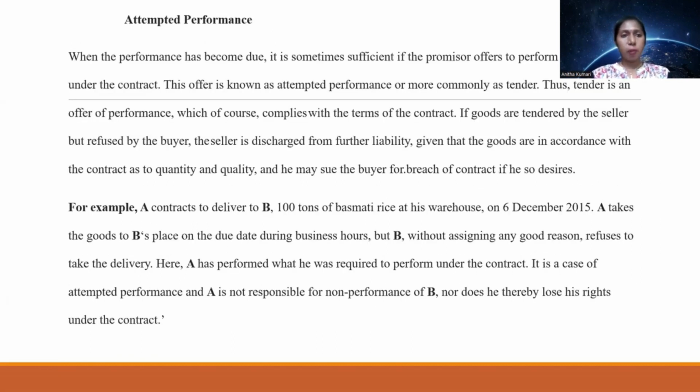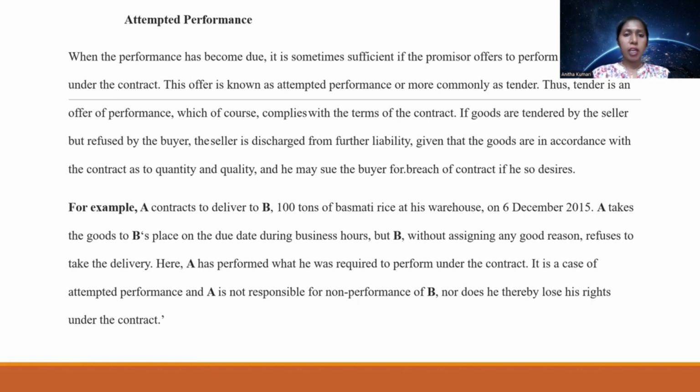Then what is called attempted performance? Attempted performance means either both parties in a contract are yet to perform, or one party has completed the contract and the other party is yet to perform. For example, I have a car and I want to resell it. I ask one of my friends, would you buy my car for 2 lakh rupees?